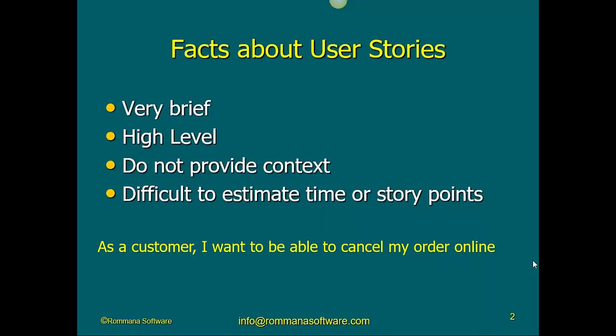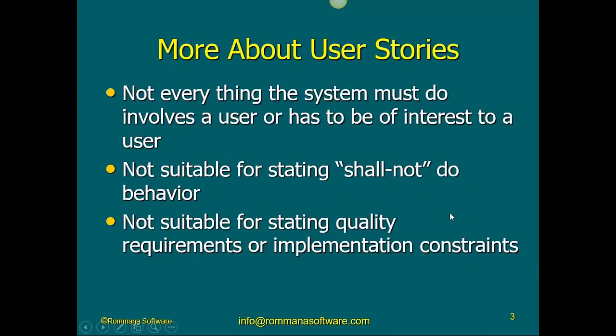Why? Because the user story as it is written does not provide a lot of details. You don't know how many screens it's going to involve. You don't know the details. So user stories really did not help us, in my opinion at least, in understanding customer needs better. Let me tell you a little bit more about user stories.